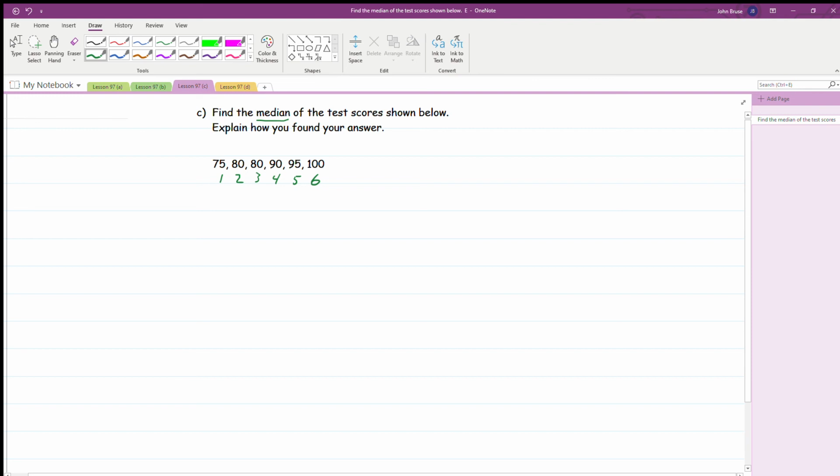All right, so we're going to add those 6 numbers up. So we've got 100, we've got 95, we've got 90, 80, 80, and 75. We're going to add those all up. We've got 2 5s in the ones column, so that's 10. I'm going to carry that 10 to the tens column.